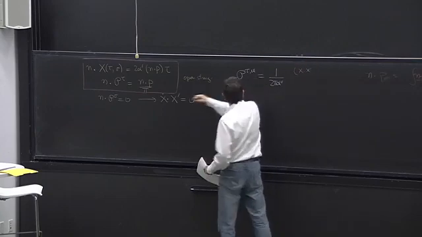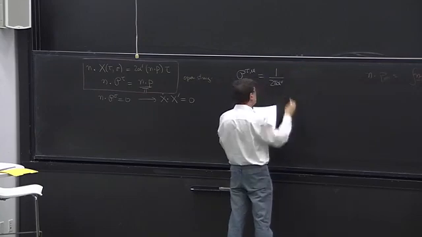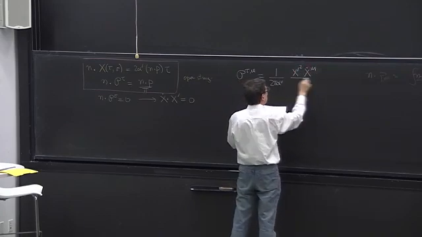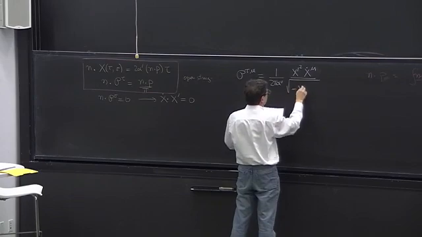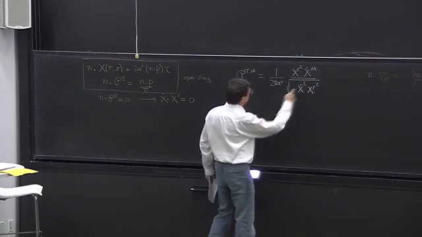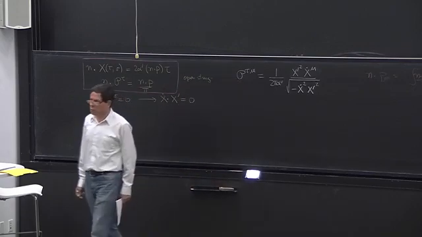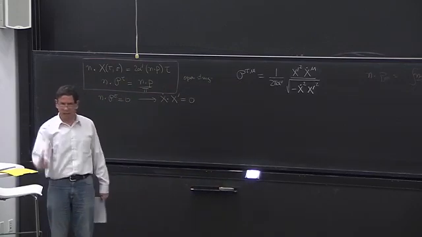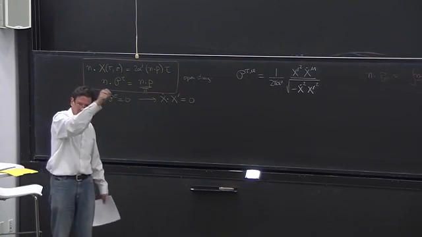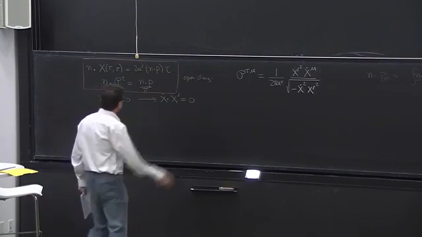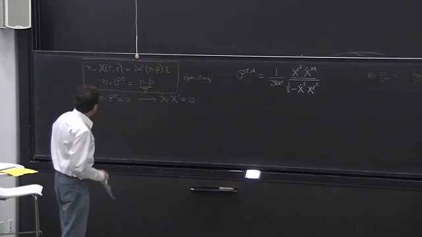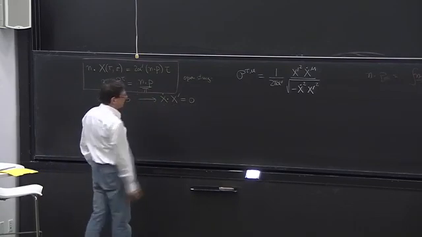But now that is 0, so that simplifies dramatically, and you get x prime squared times x dot mu over the square root of minus x dot squared x prime squared. This part you remember because that's a Nambu-Goto square root, which has x dot x prime squared minus x dot squared x prime squared, and the first part was 0. So this is as simple as it has gotten given this condition, which is nice.